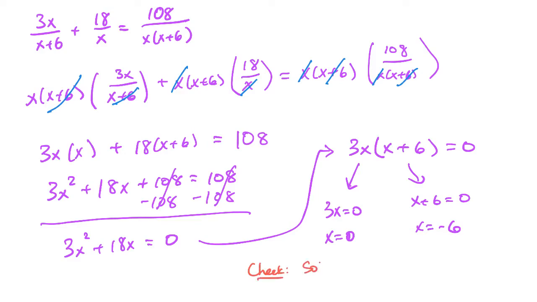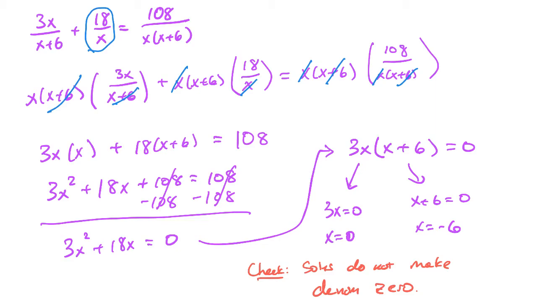Check that the solutions do not make the denominator 0. Well, in this case, 0 does give me a 0 in the denominator for my 18 over x.